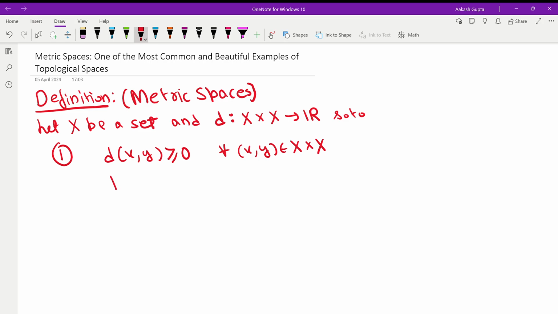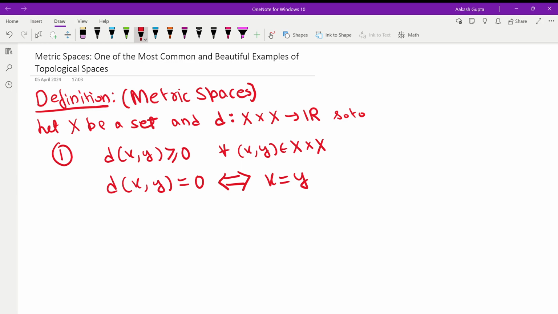As well as d of x comma y, if it is 0, this will imply that x is equal to y, and if x is equal to y, this will further imply that d of x, y is 0.